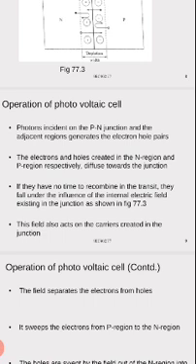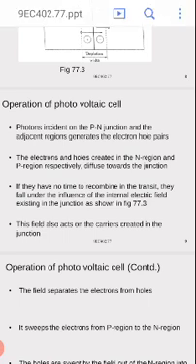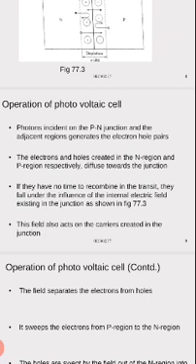The field separates the electrons from holes. It sweeps the electrons from the p region to the n region.